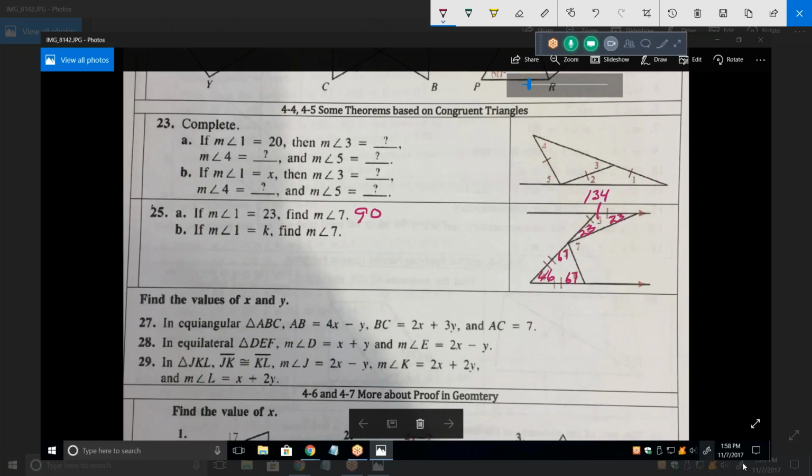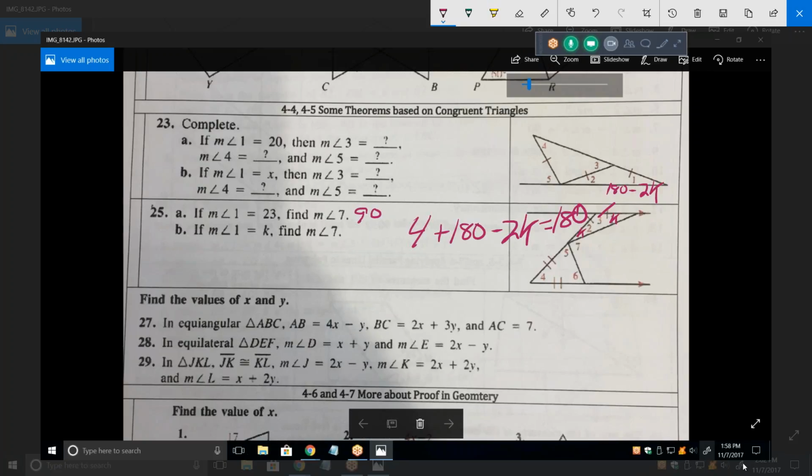And if angle 1 is K, find 7. We just do exactly the same thing. Let me just get you started here before I hang up. If it's K, well, then that one is K. This one is 180 minus 2K. In other words, angle 3 and angle 4 add to 180.